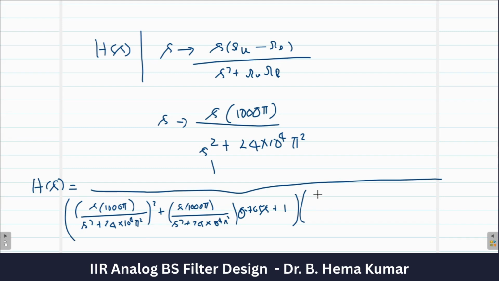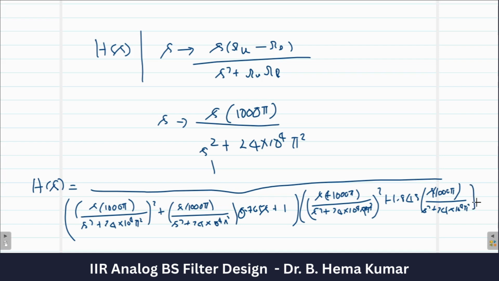Similarly you will have another one: [(S into 1000 pi by (S square plus 24 into 10 power 4 pi square)) whole square plus 1.848 times S into 1000 pi by (S square plus 24 into 10 power 4 pi square) plus 1].